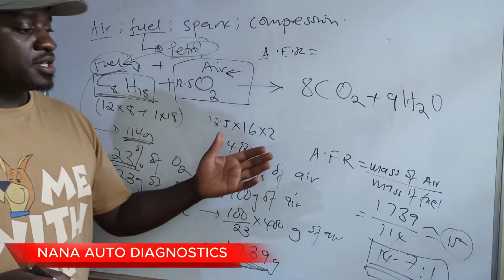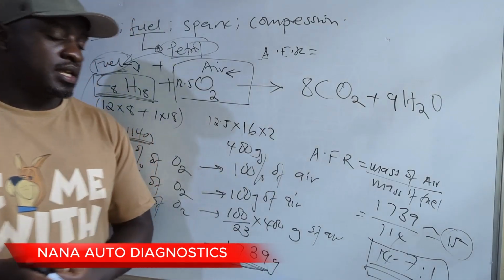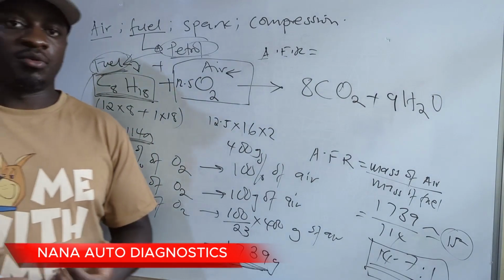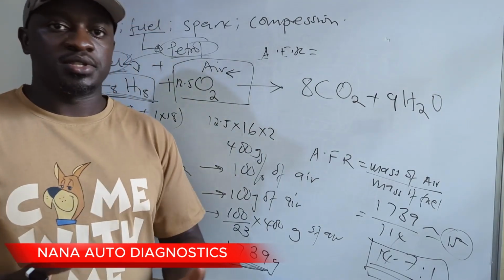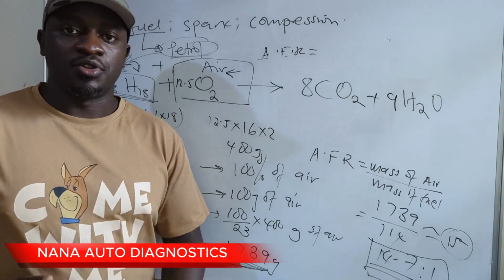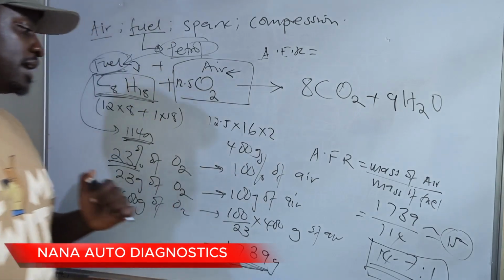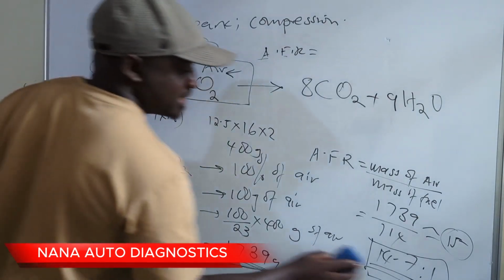Now, because different fuels have different air-fuel ratios, it becomes a bit tricky when we are carrying out diagnosis, and that's why a new parameter was introduced, and that is lambda. So let's go ahead and look at that.